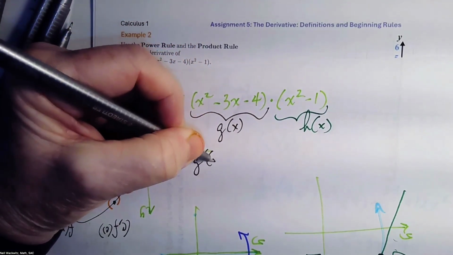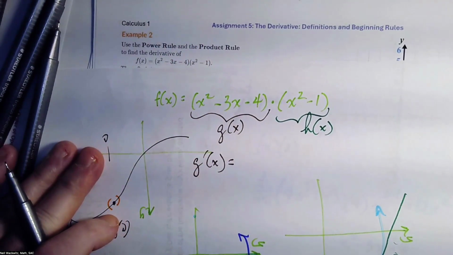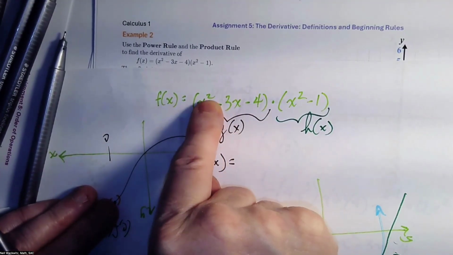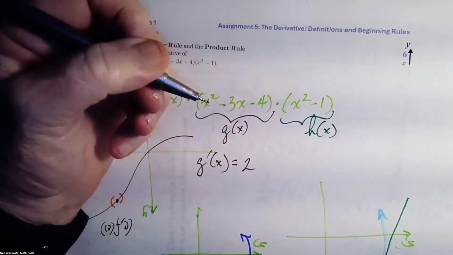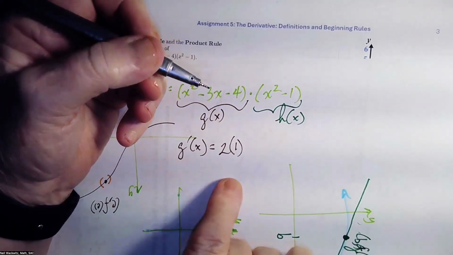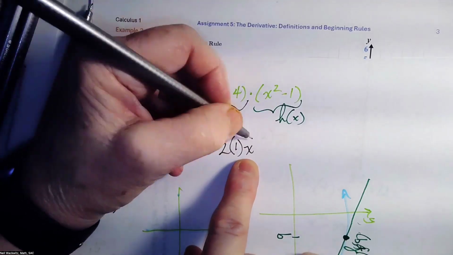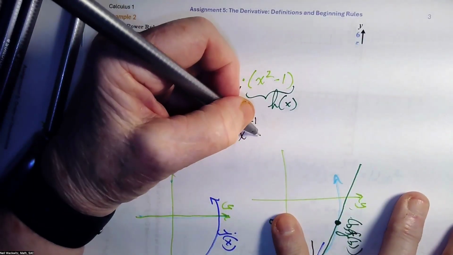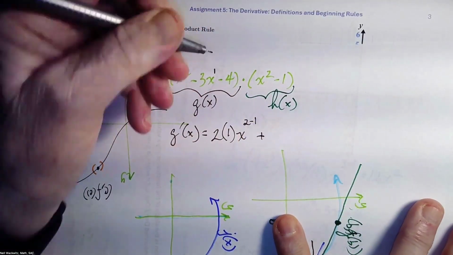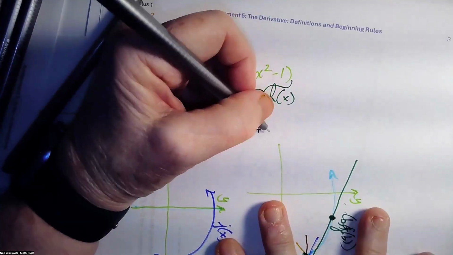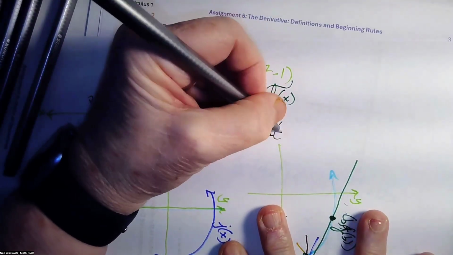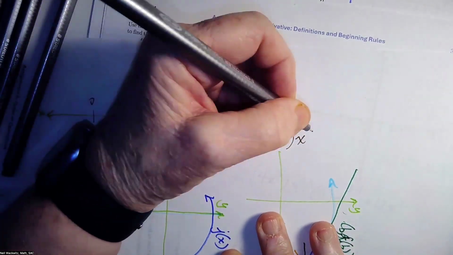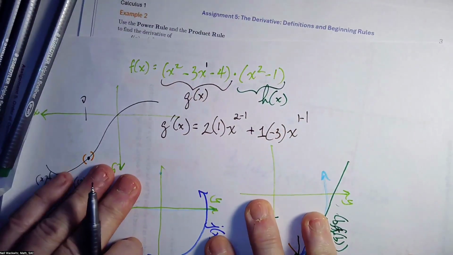So let's see, g prime of x, I'm going to use the power rule to find g prime. So the first term, the exponent is 2, the coefficient is 1, x to the 2 minus 1. The next term has an exponent of 1, a coefficient of -3, and we're reducing the exponent by 1.